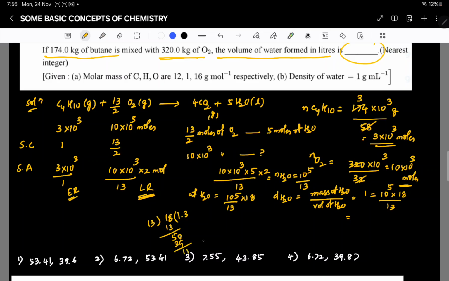So the remainder is 11. Then again we will take one more 0. 13 7 ja 91, 13 8 ja 104. So this will be 1.38 into 10 to the power of 5 ml, student. Now can I write this as 138 into 10 power 3 ml, or I can write the answer as 138 liters. So the answer for this question, student, 138 liters is the correct answer, right?